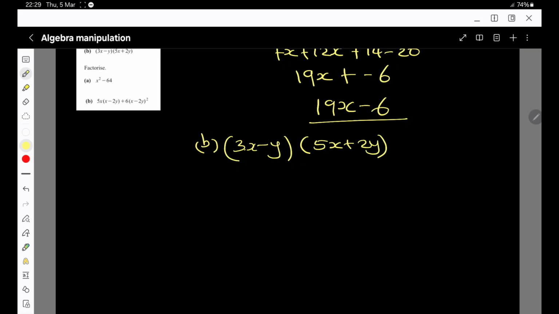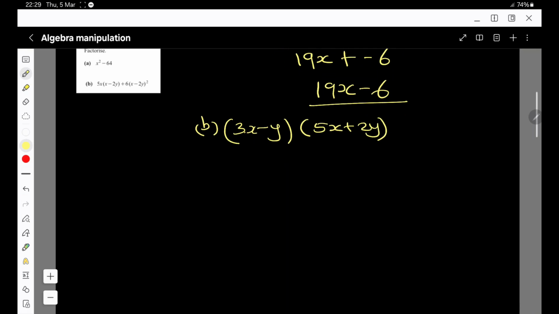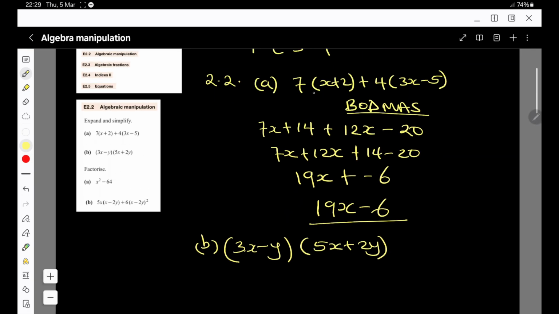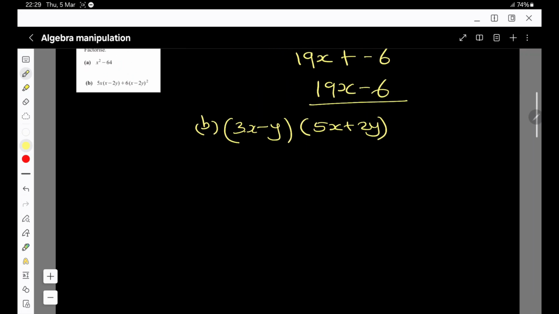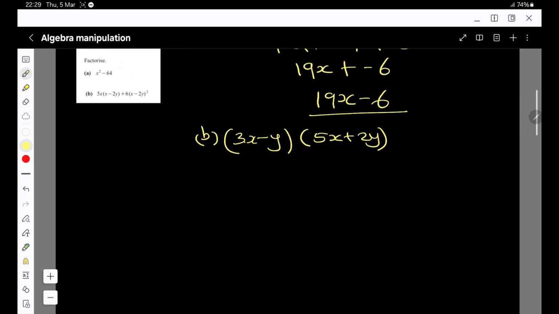Okay, so before we had a value outside multiplying with what is inside. Like here we had a 7 multiplying with everything, and here I had a 4 multiplying with everything inside. But for this case, we're having two brackets directly. So this is still very easy.